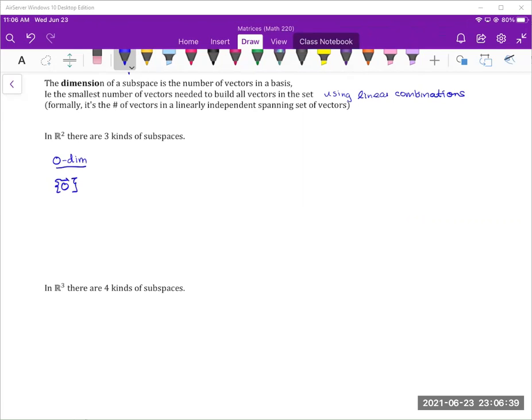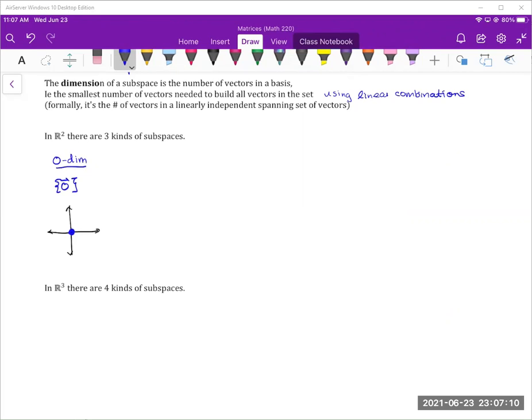Okay, and so if we were to draw this in R2, what does it look like? It's just, if we're just drawing the ends of the vectors, it's just the 0 vector. Okay, this satisfies the subspace properties, right? If you have just the 0 vector, you take linear combinations of the 0 vector, it's still the 0 vector.